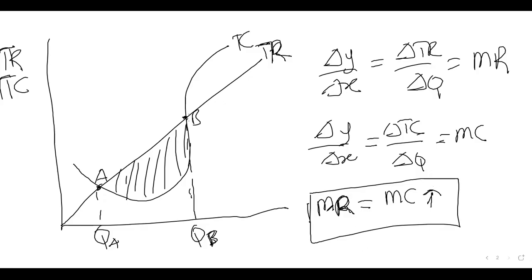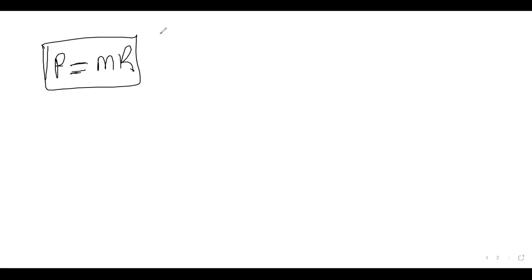Now, since marginal revenue is the same as the price for a perfectly competitive firm, the marginal revenue can be replaced by the price. So it is when price is equal to marginal cost. That is the profit maximizing point of a perfectly competitive firm.